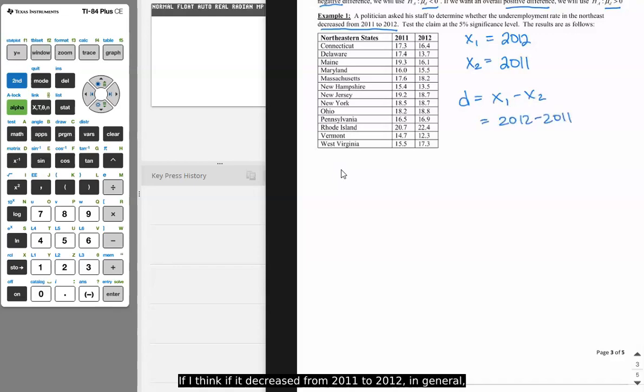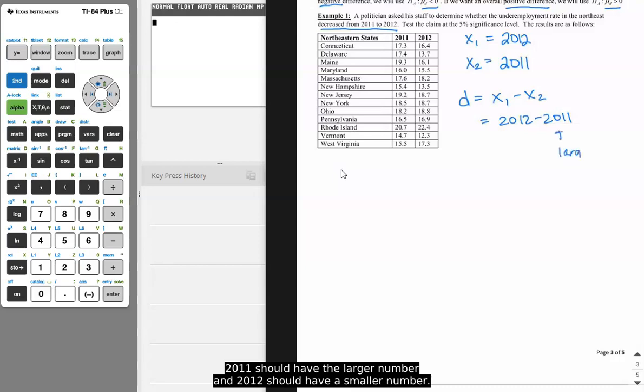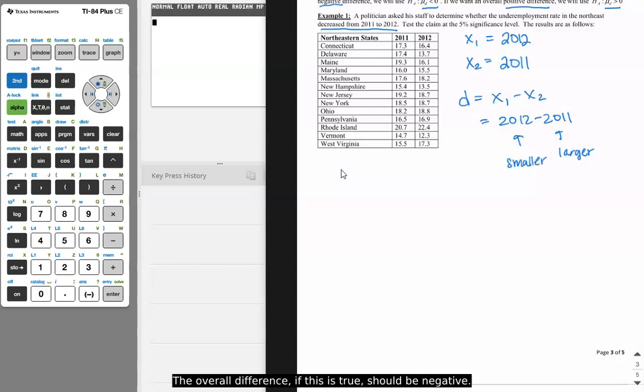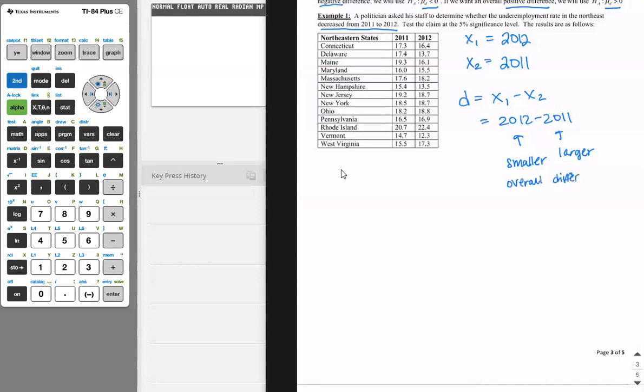If it decreased from 2011 to 2012, in general 2011 should have the larger number, and 2012 should have a smaller number. So the overall difference, if this is true, should be negative. We go through this because it helps us determine the type of hypothesis test that we're going to do.